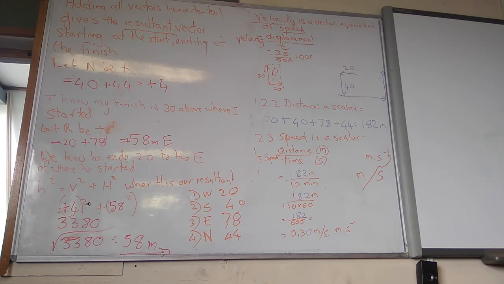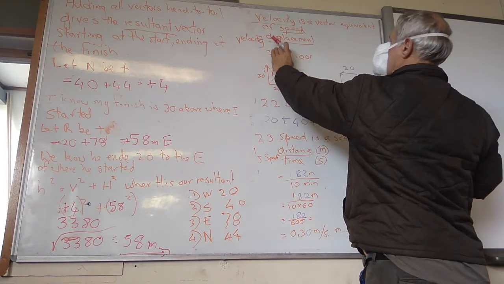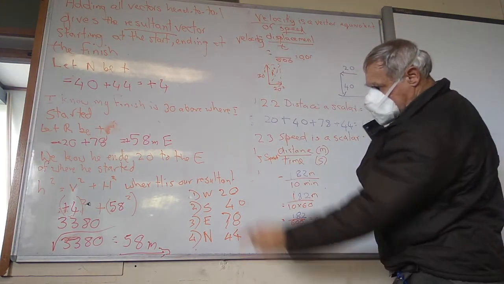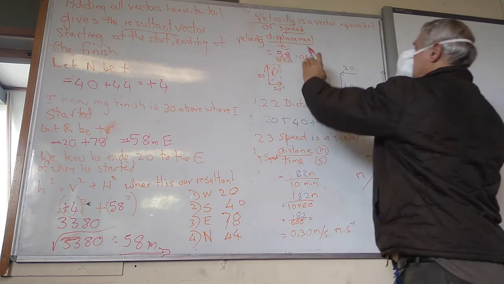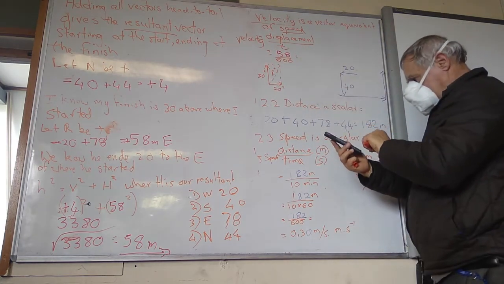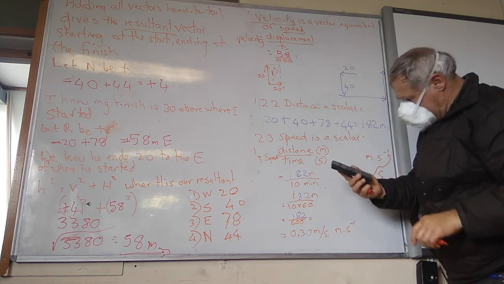What was his displacement? 58 over 600. And that is 0.096. And the answer is meters per second, or meters seconds to the minus 1.